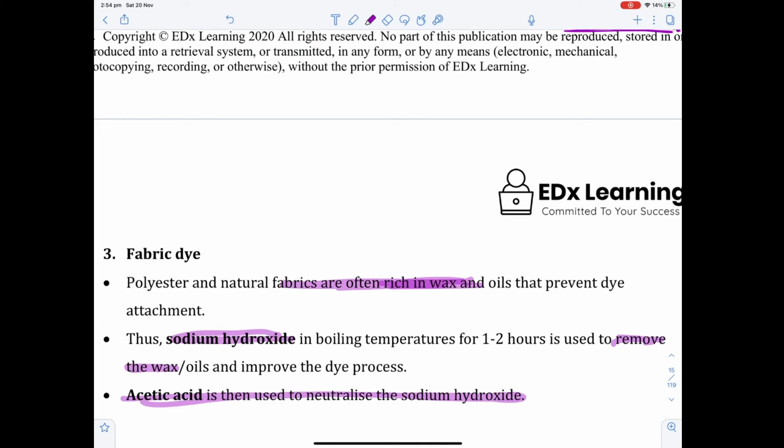Then we can add acetic acid to neutralize the sodium hydroxide that we add. So fabrics rich in wax, sodium hydroxide removes the wax to enable easier dyeing. Acetic acid neutralizes any additional sodium hydroxide attached to the fabric. Okay? Good.